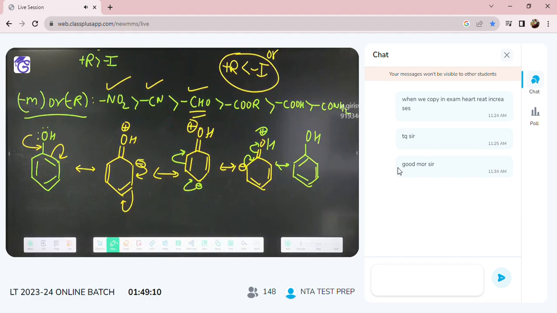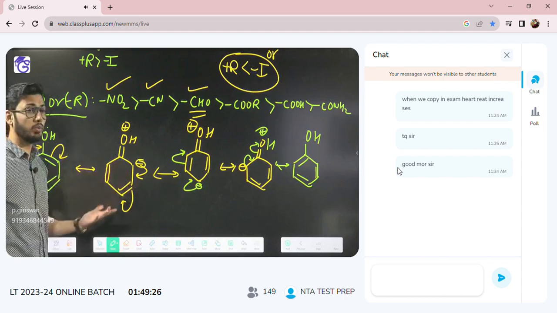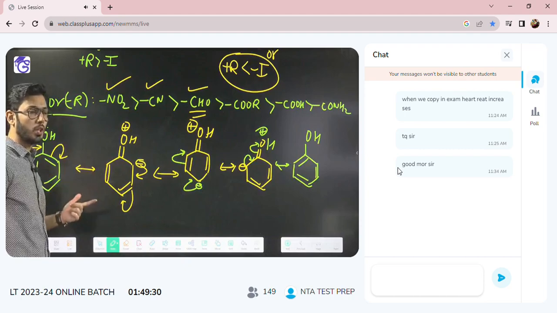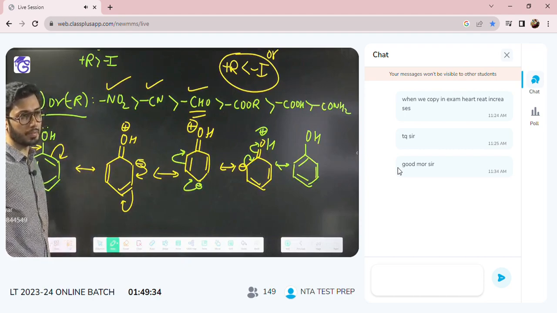The answer is 5 resonating structures. Very good. Those who are getting 5, they are correct. Other students might be considering first and fifth are the same, but you forgot one thing. In first and fifth, the position of sigma bonds or atoms is the same, but the position of the pi bond is different.